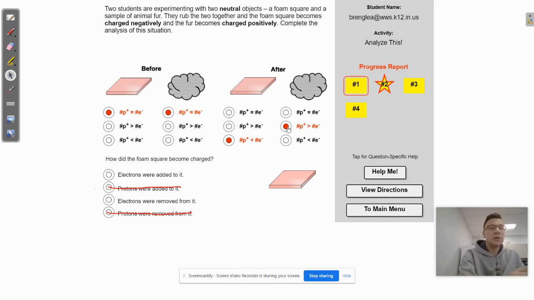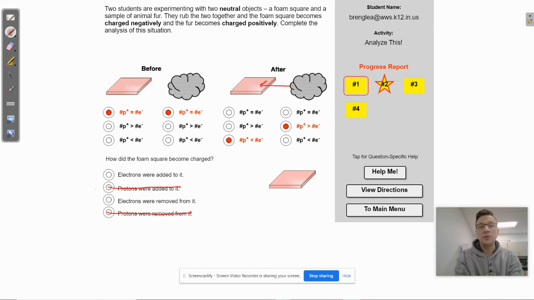Okay, so let's think about how this occurs. If they both start neutral, and then the foam plate has all of a sudden a negative charge, and the fur has a positive charge, then that means that the fur had to lose electrons, right? So it reduced the number of electrons.